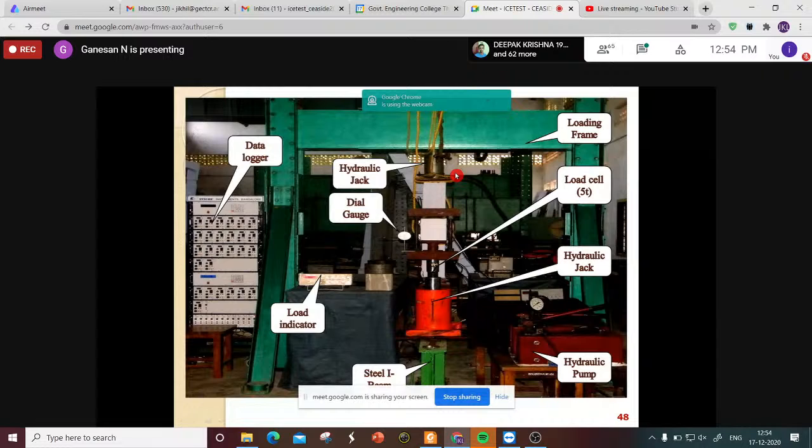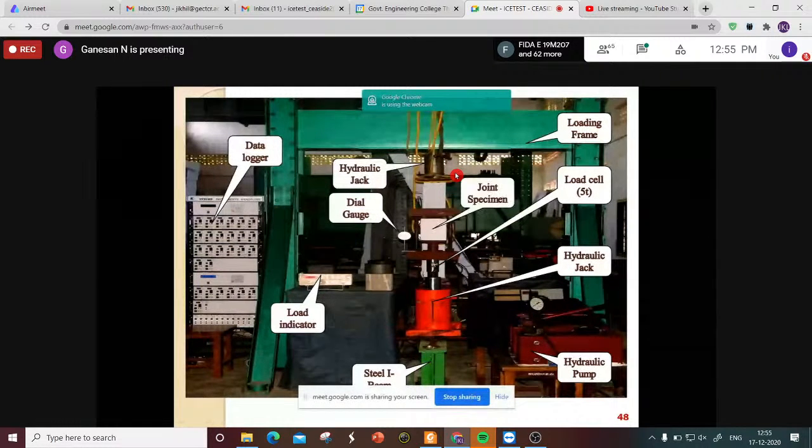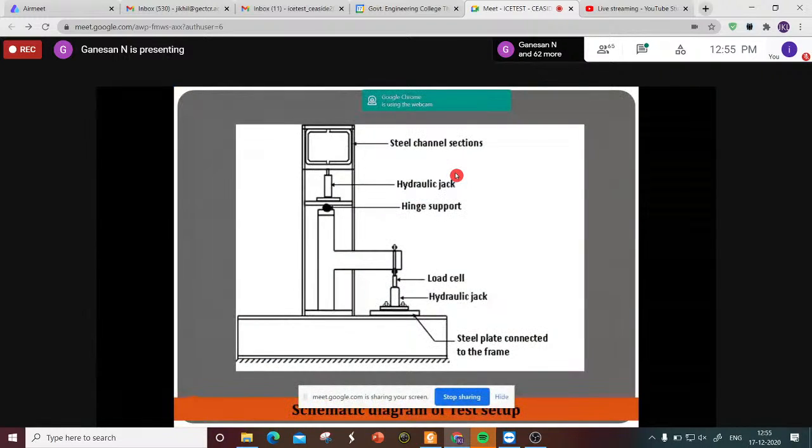And the dial gauge measures the deflections. We are applying load on the beam element, at the tip of the beam. And this is the joint and the displacement indicator. This is what is called the elevation, and this is the place where all the loading is applied in the upward as well as downward direction.